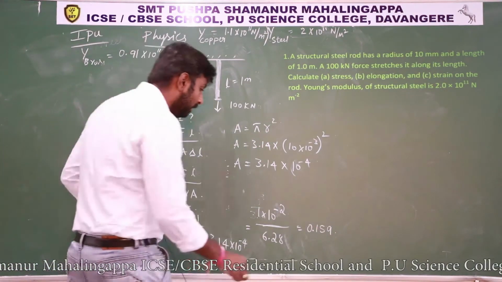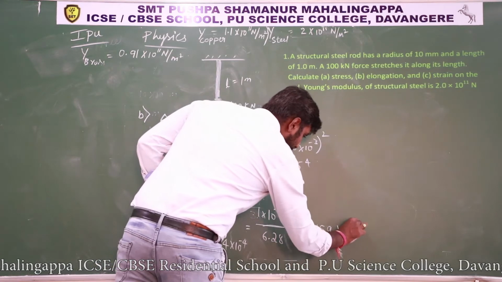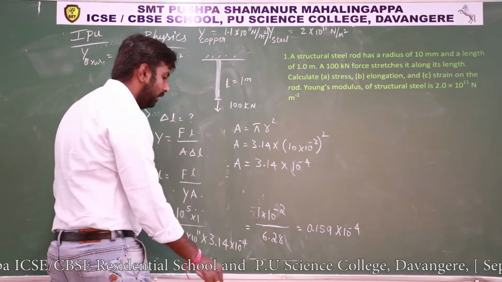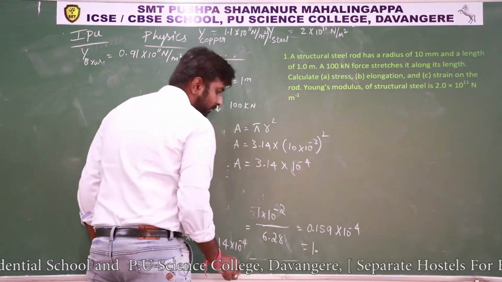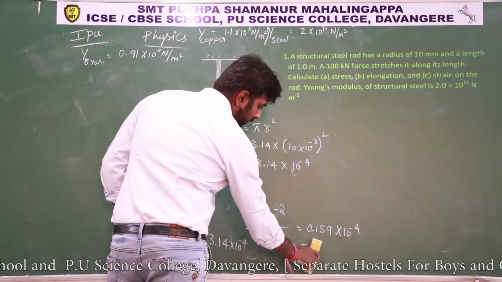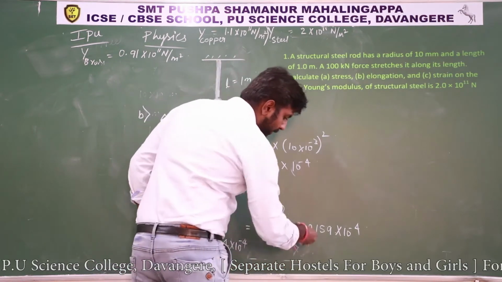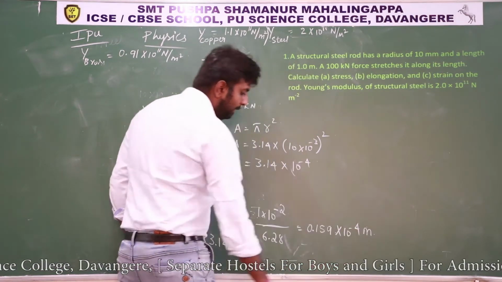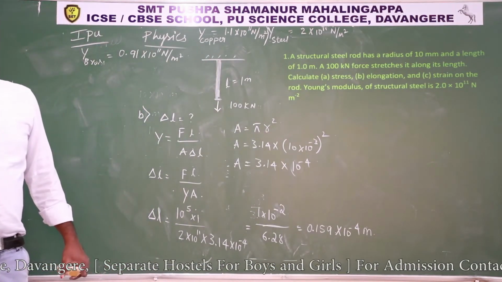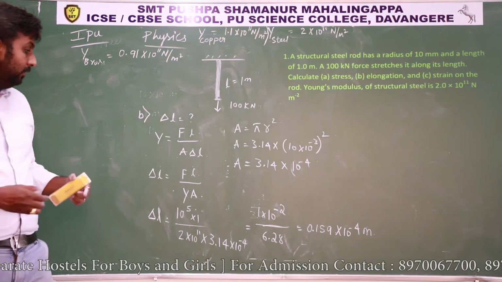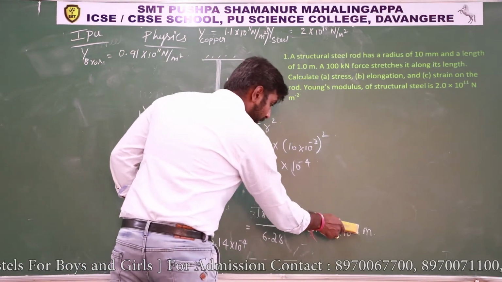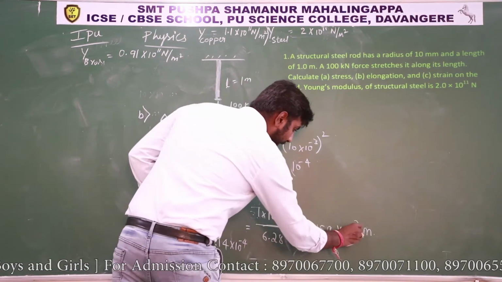0.159 into 10 to the power minus 4, or you can write it as 0.159 into 10 to the power minus 4 meters. Okay, sorry, 10 to the power minus 2 here.